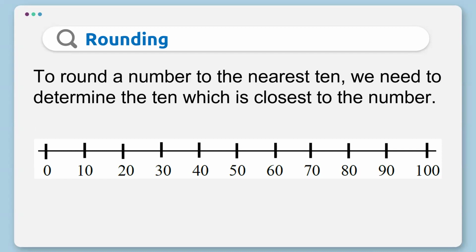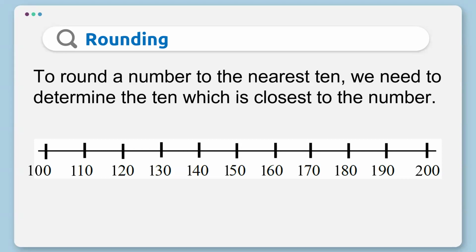Okay, so to recall, to round a number to the nearest 10, we need to determine the 10 which is closest to the number. This doesn't mean that they can only be two-digit numbers. If I add 100 in front, these numbers are considered tens as well.